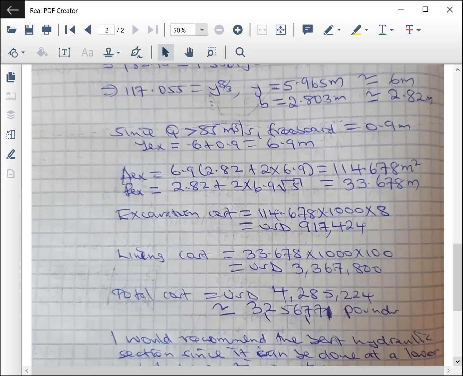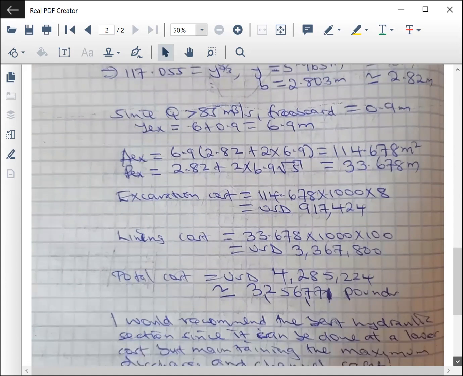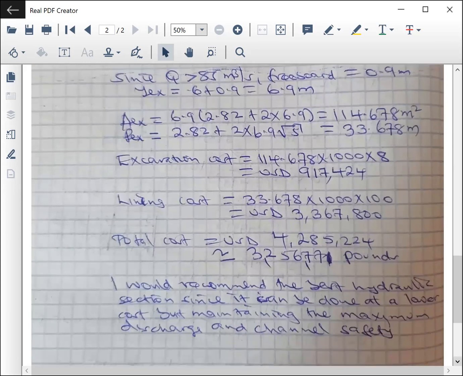We multiply by length by the cost, which is USD 3,367,800. So the total cost will be US dollar 4,285,224. When you convert to pounds, it will be 3,256,771 pounds.